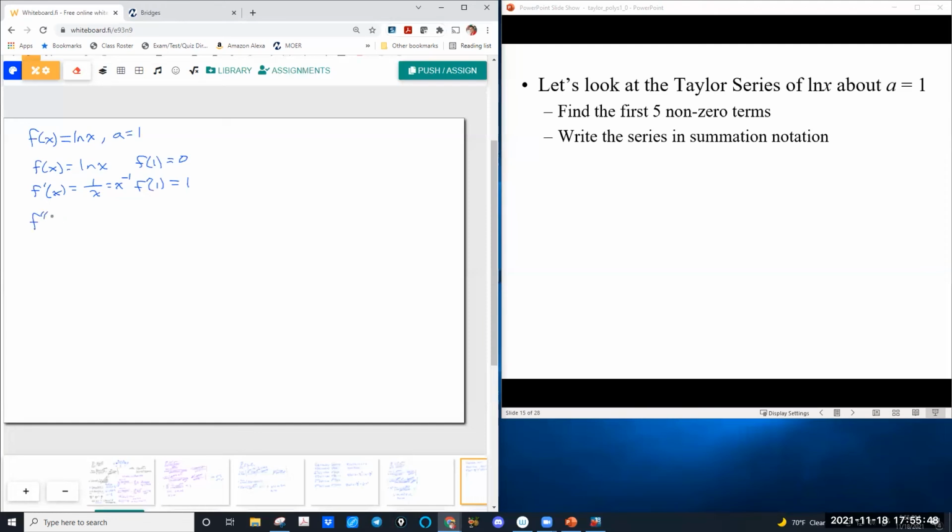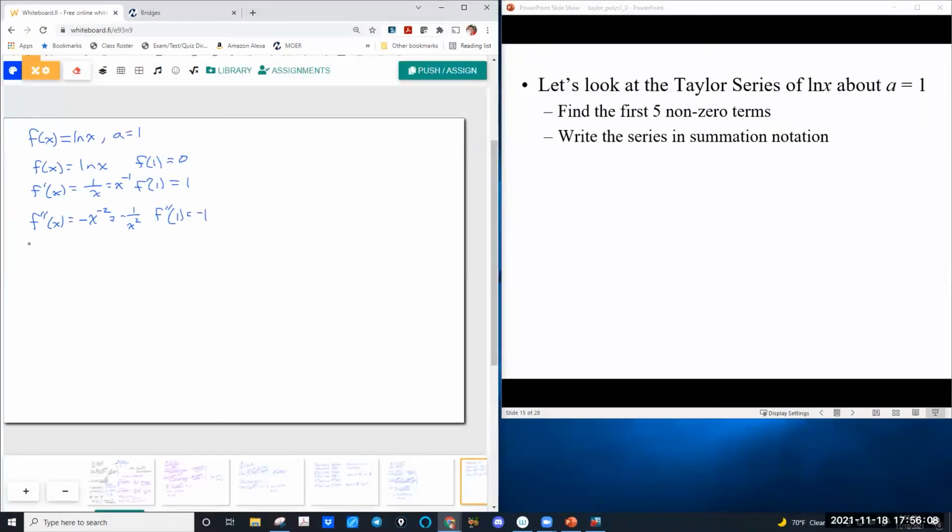F double prime of x will be negative x to the negative 2, or negative 1 over x squared. So f double prime of 1 is negative 1.